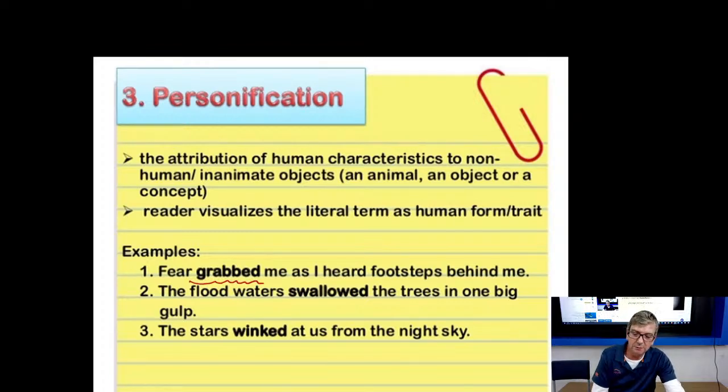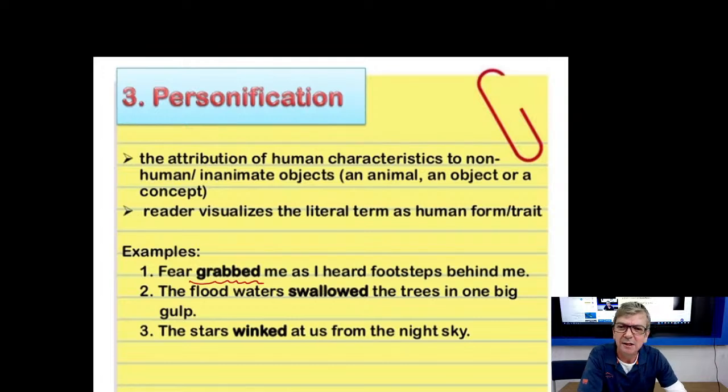You could have the clouds cried. What do they cry? Well, they normally rain water, right? So the clouds cried tears of joy after the long drought. Tears of joy because there has been no rain for a long time. Or you could say the lightning danced in the night sky.